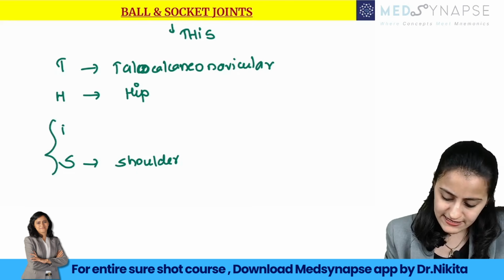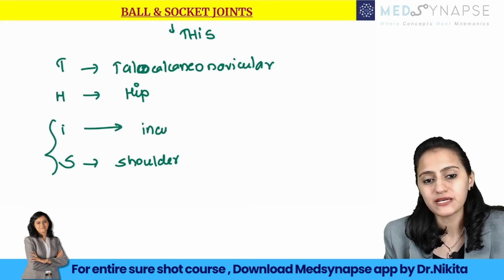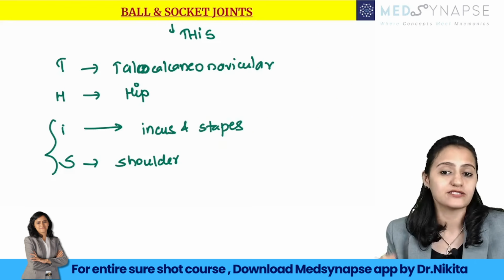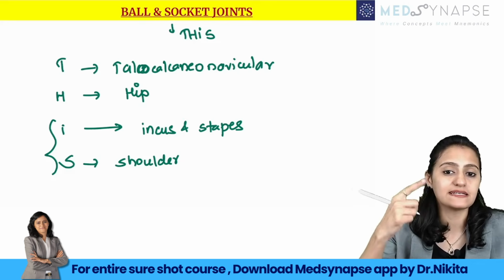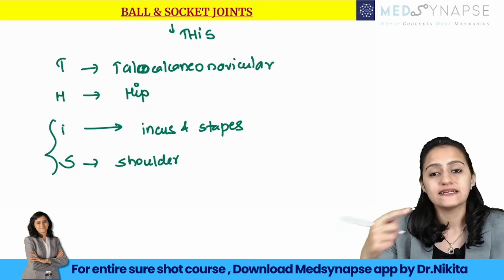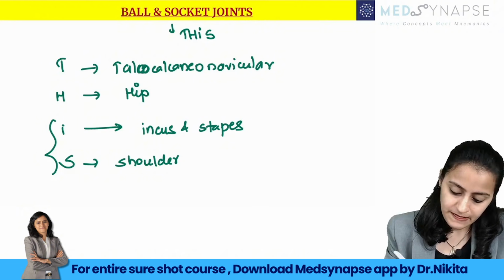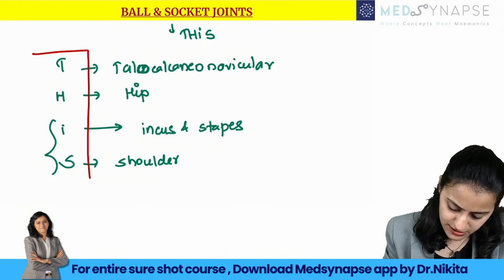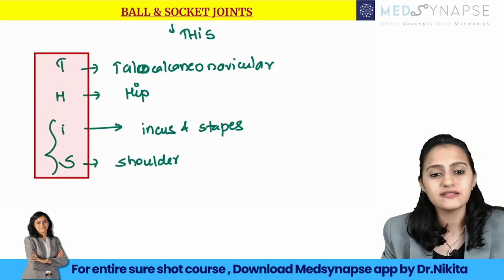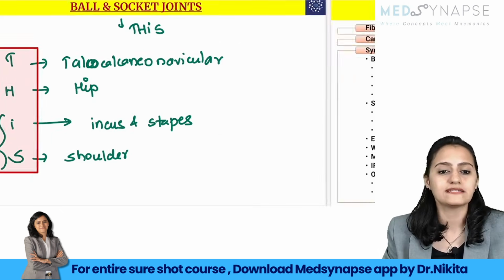The I and S help you to remember the joint between the incus and the stapes, that is a ball and socket. So ear ossicles: malleus, incus, stapes. MI, SAD, saddle; IS, ball and socket. This is your trick to remember the ball and socket joint.